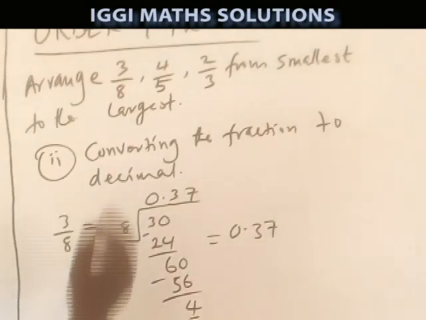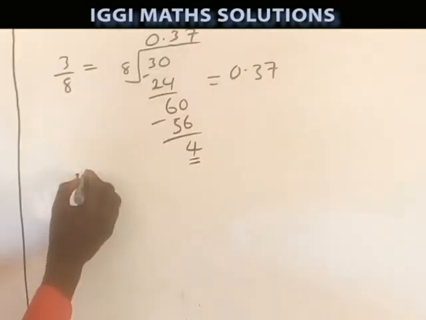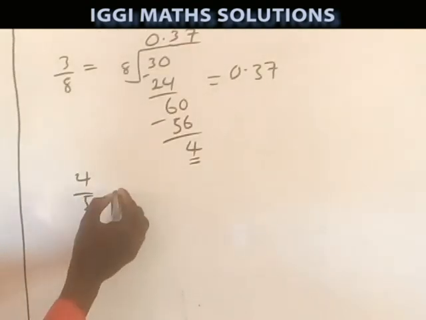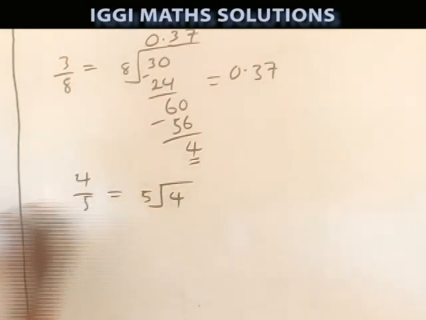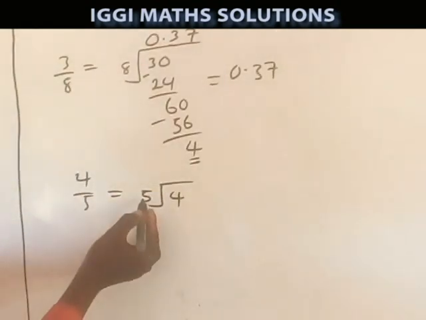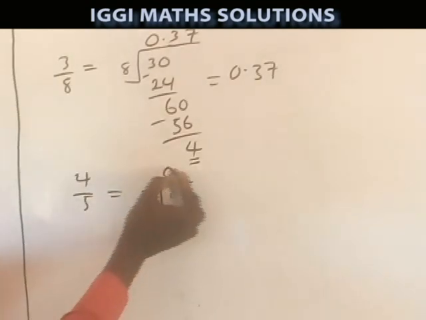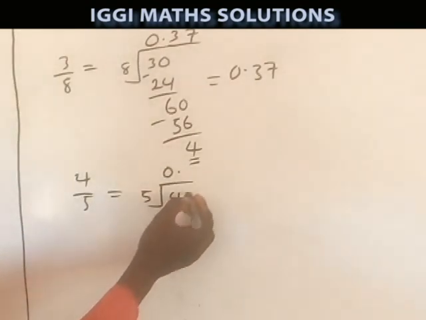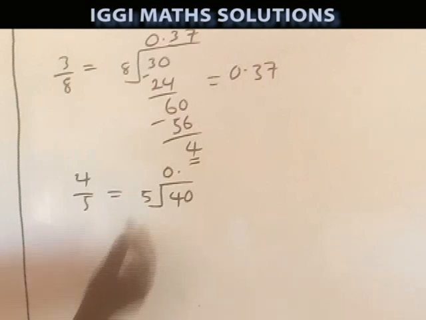Now we take the next fraction, which is 4 over 5. 4 over 5 is 4 divided by 5. Can 5 go into 4? No, it goes 0 times, then we put the point. We introduce 0 to 4 to make it 40. How many times does 5 go into 40?